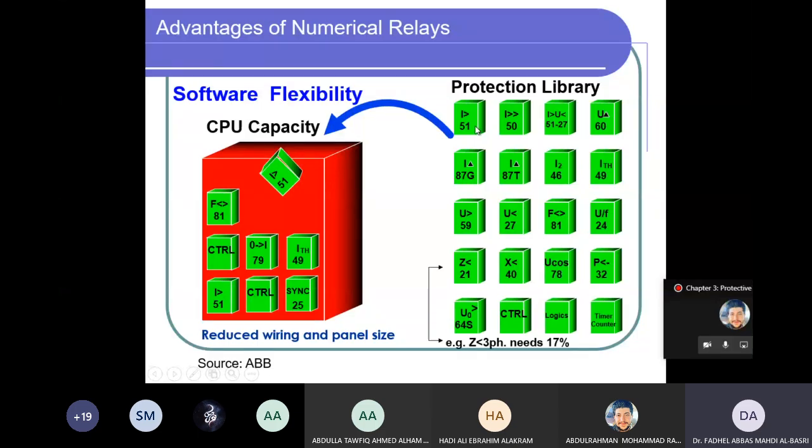While in electromechanical relay, the 51 relay, you have one relay dedicated for each phase. So in the previous chapter, when I discussed CT class selection, in one of the examples I showed you, for just 3 phases, I'll have one CT here, one CT here, and one CT here, and this will go to one relay.